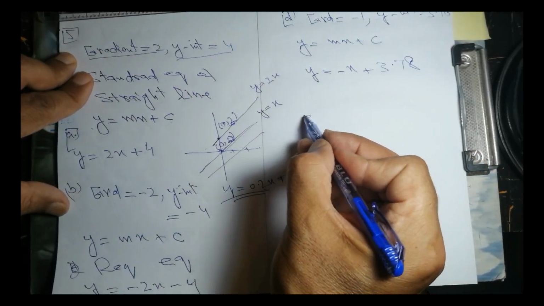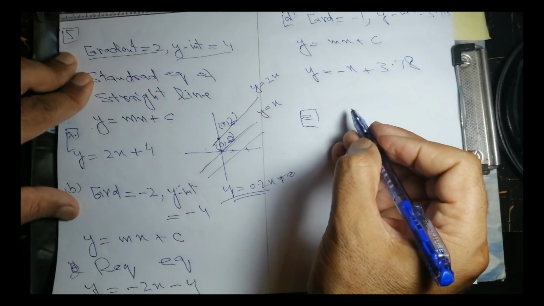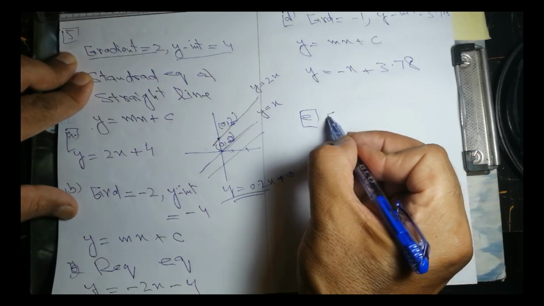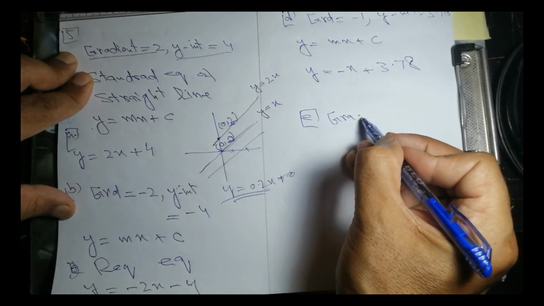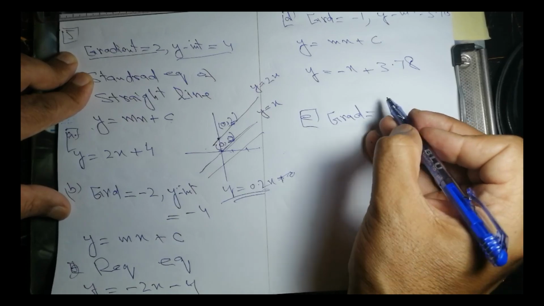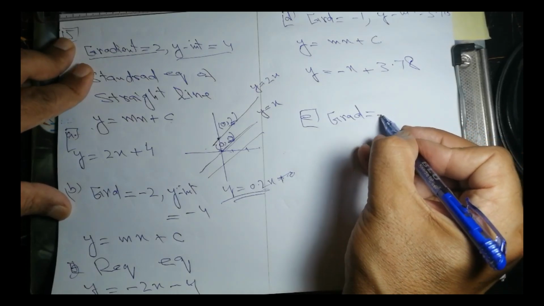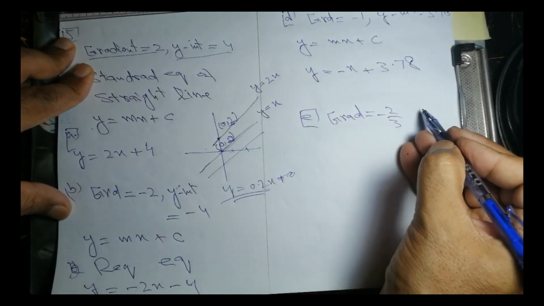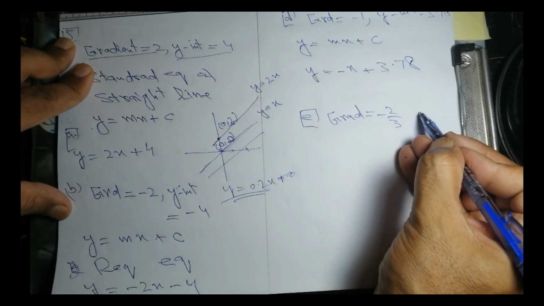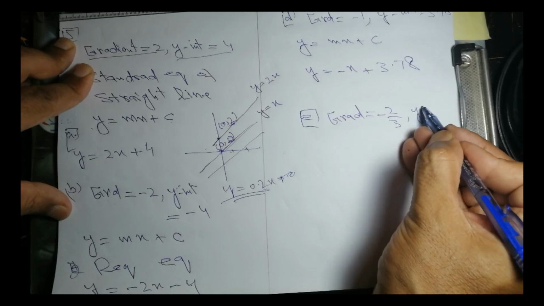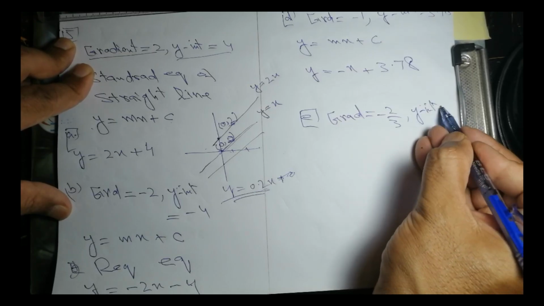Part E, the gradient given is minus 2 by 3, the y-intercept is 0.